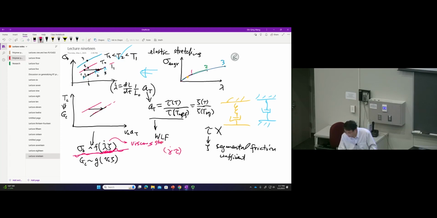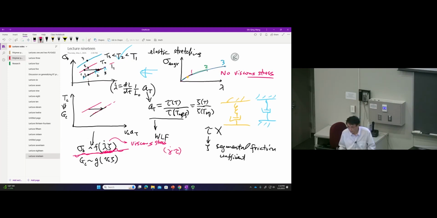It's proportional to viscous stress, and there's no viscous stress here. So this is a true internal contradiction. On one side, you have no internal stress. On the other side, you insist the viscous stress is operating to allow you to think about this shift.